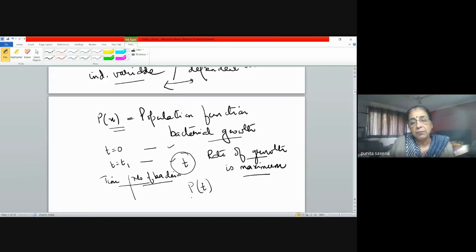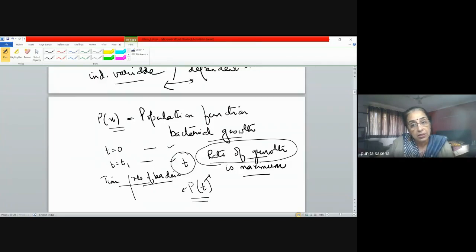So this P is a function of time. It is clear that my t is the independent variable and my population is the dependent variable. The problem now says, at what time would the rate of growth of bacteria be maximum?